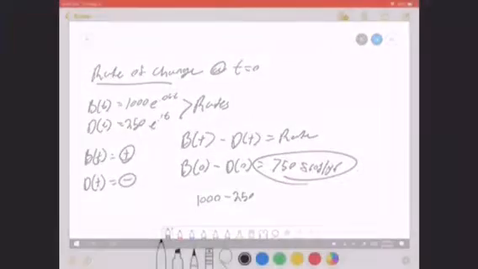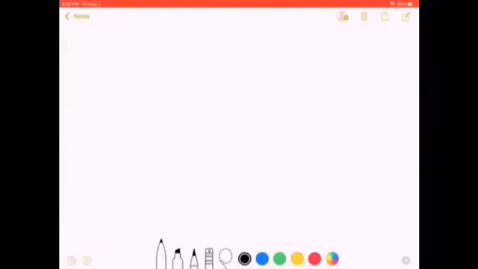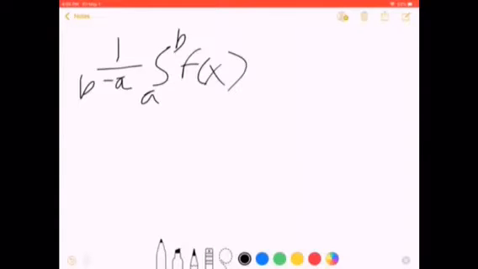Today we're going to be going over the C1 FRQ part B, which is asking, to the nearest whole number, what is the average rate of change of the frog population on the island for time 0 to 50? So this is asking for average rate of change, which we know is the average value theorem, which is going to be 1 over b minus a, the integral from a to b of the function.